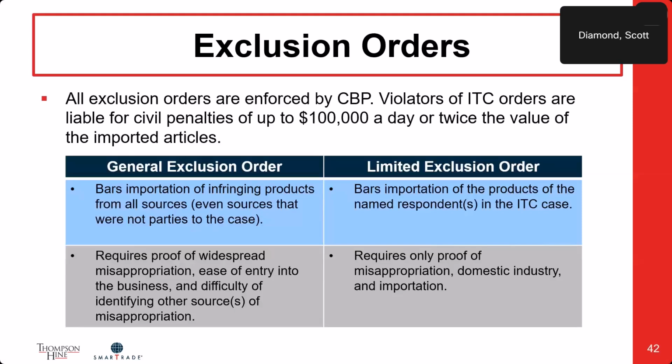First, the ITC can either tailor its results or refrain from issuing a remedy based on public interest factors involving public health, welfare, and competitive conditions in the U.S. And the second one is that any final determination and proposed remedial order will go before the president, and he or she will have 60 days to disapprove them for policy reasons. However, that is rarely the case.